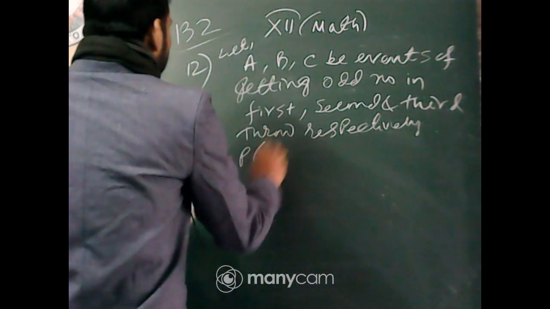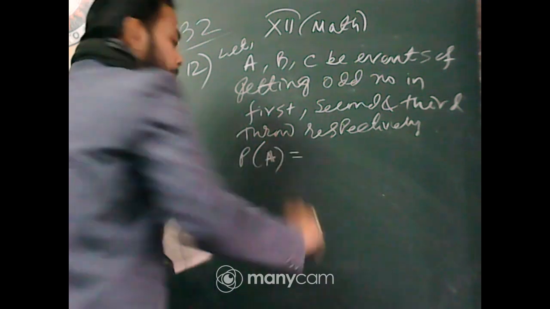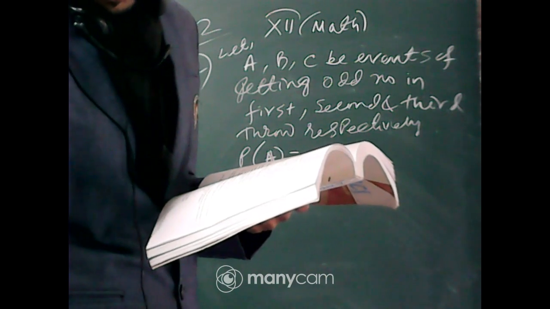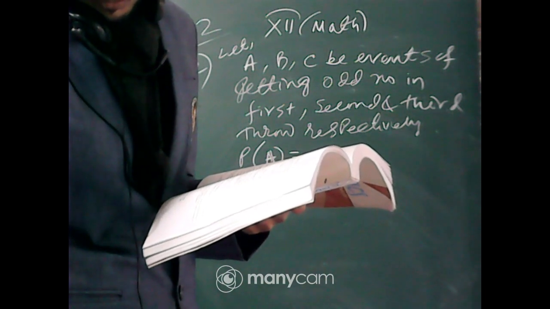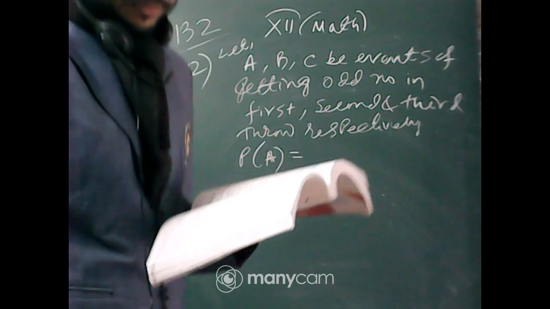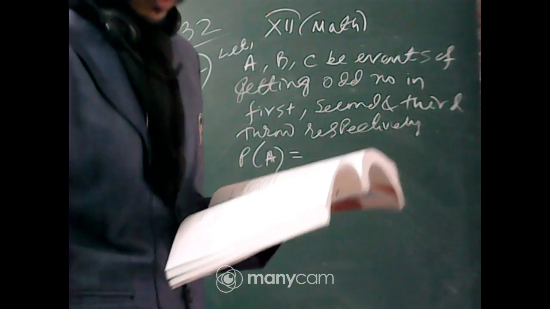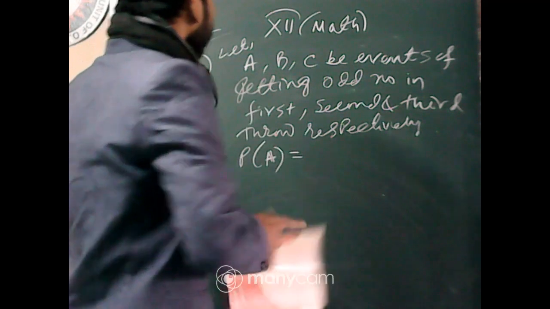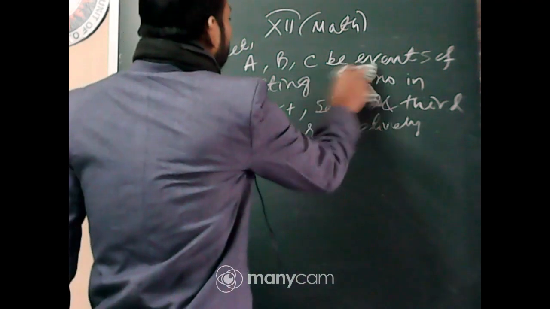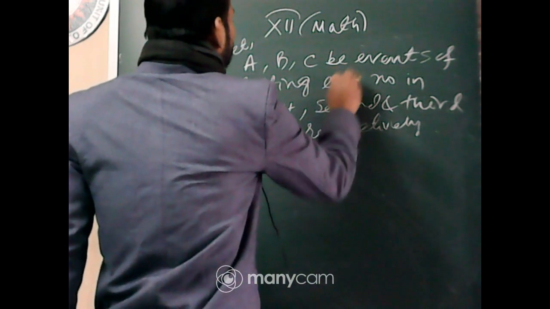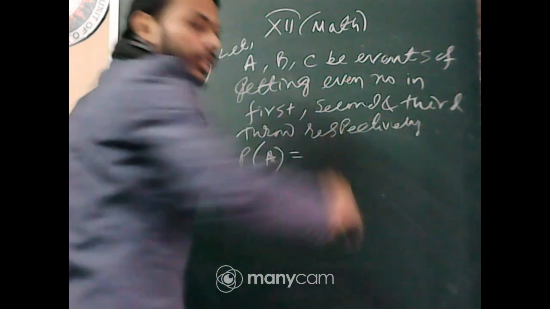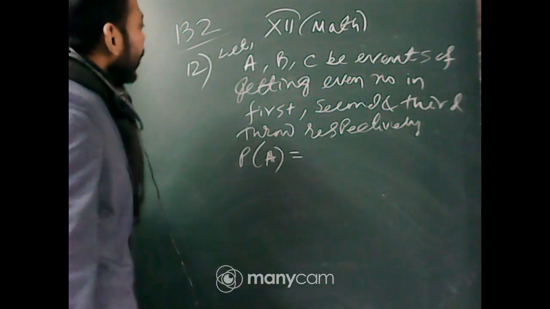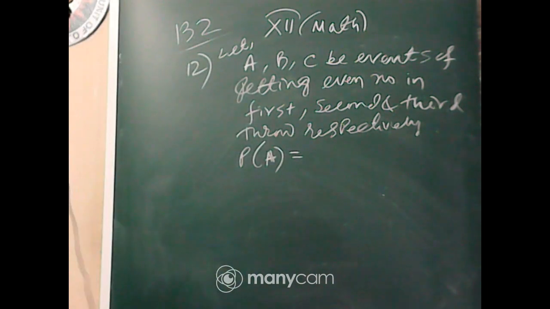Now tell me P of A, P of B and P of C. Just do one correction here: let A, B, C be the events of getting even number in first, second and third throw respectively.